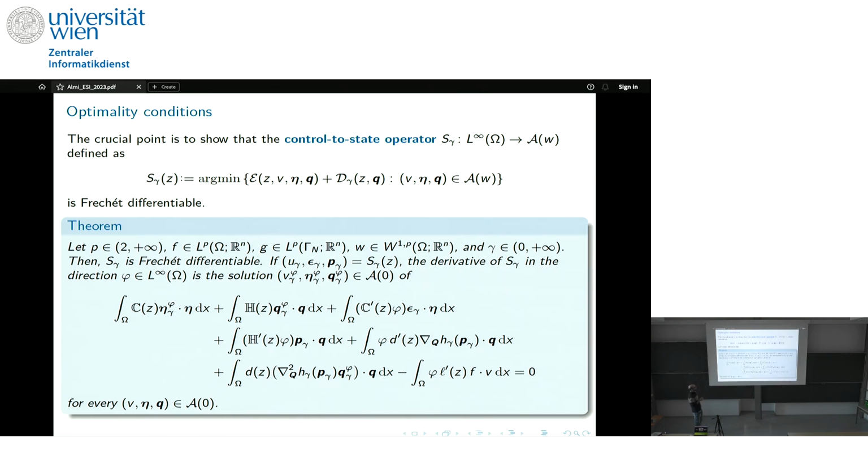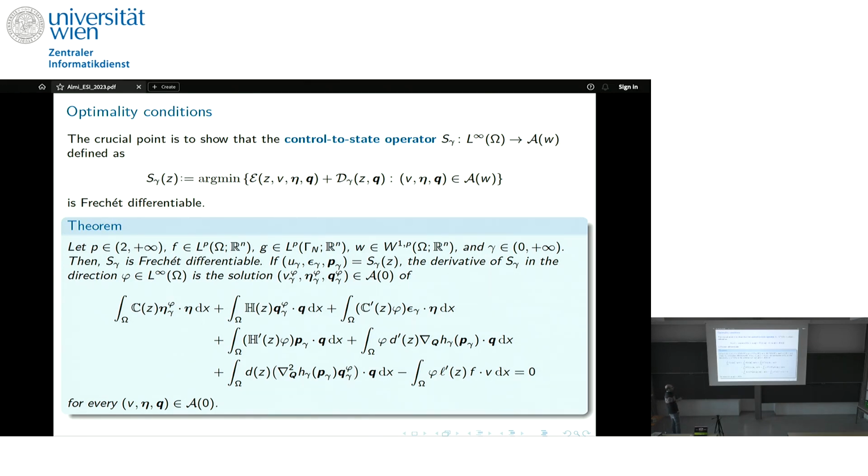You find out, let's say, some kind of intermediate optimality condition. So you find that this function here is differentiable, and in particular, the derivative is given by this kind of tripole, which is still an elastoplastic tripole, in the sense that V is a sort of displacement, and eta and Q are the elastic and plastic parts of the strain.